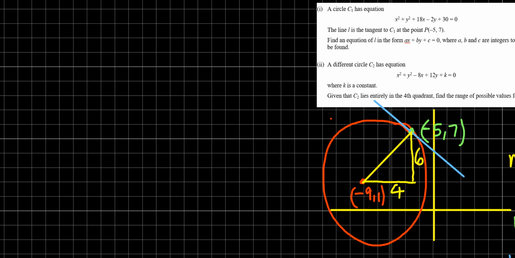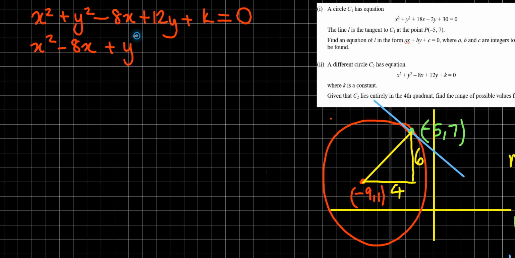Right, so we're going to do the same thing as we've done before. We're just going to try and find the center of this circle. So we have x squared minus 8x plus y squared plus 12y plus k equals 0.